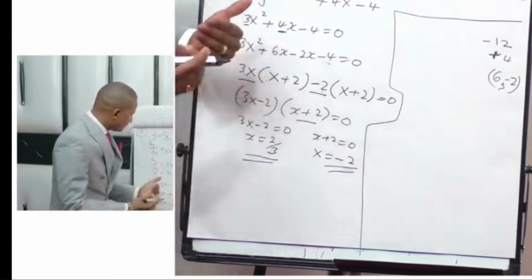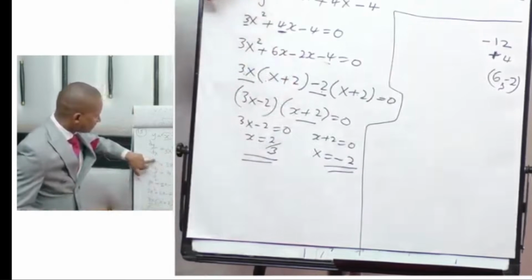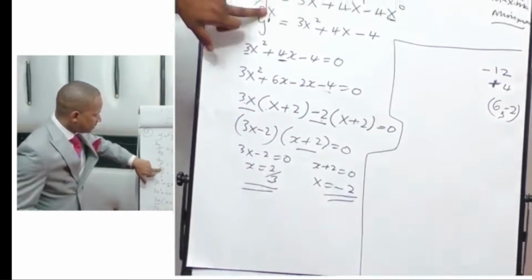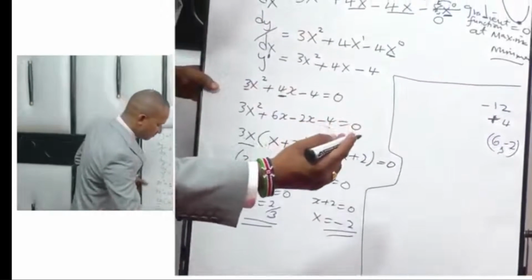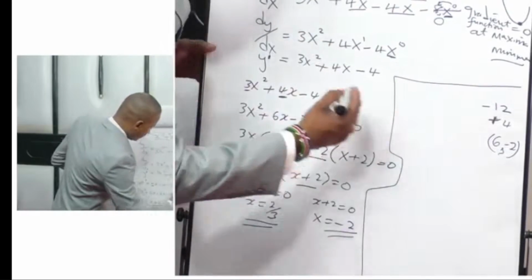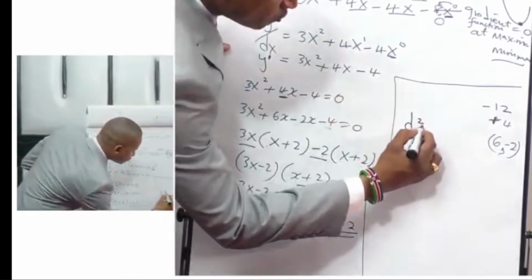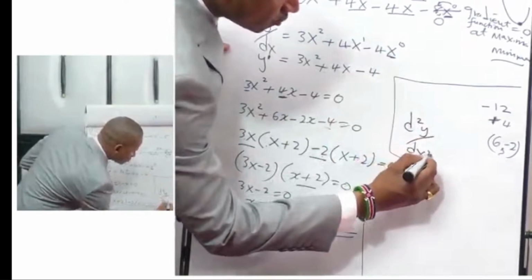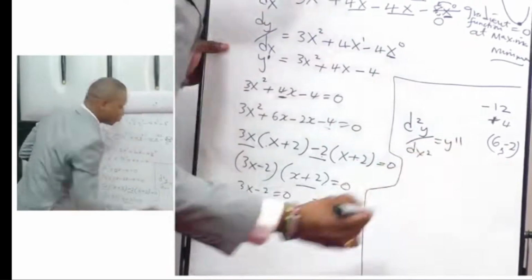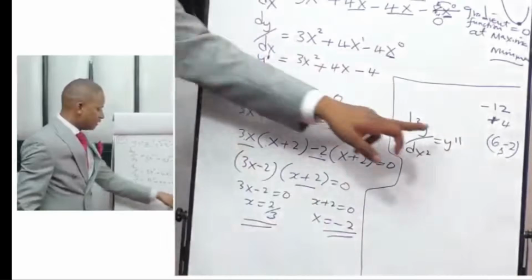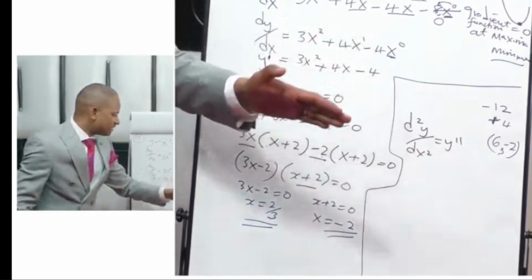It means that this is a first derivative, dy/dx. When you get a second derivative, you will get d2y/dx2 or y double prime, which means that you differentiate again.